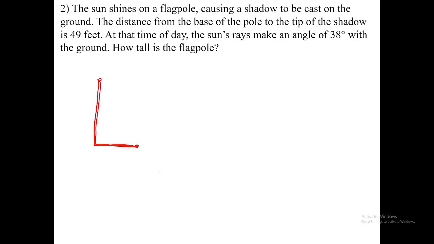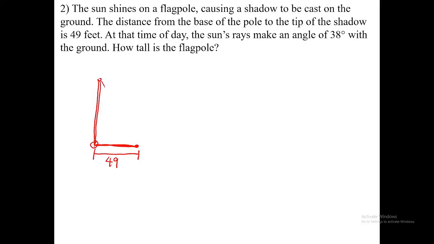Where is the base of the pole? This is the base of the pole, right? To the tip of the shadow. So how long is this? 49. At that time, the sun rays make an angle of 38 degrees with the ground.